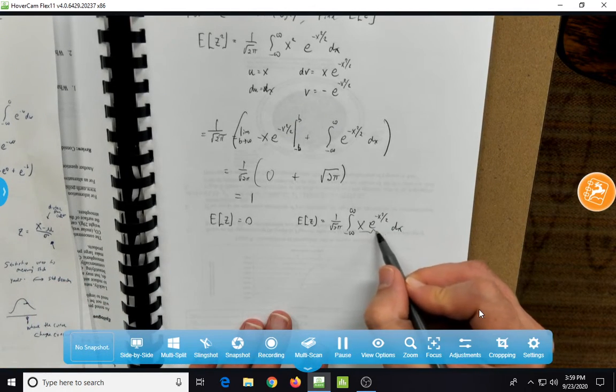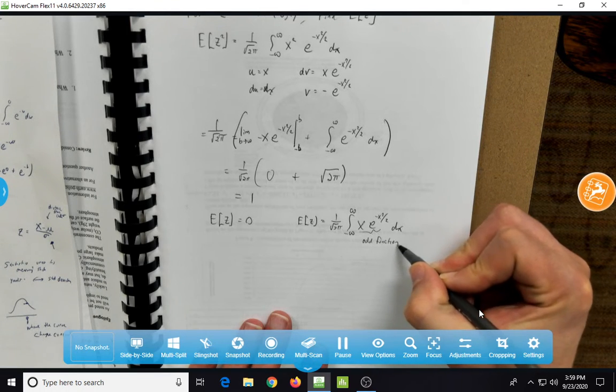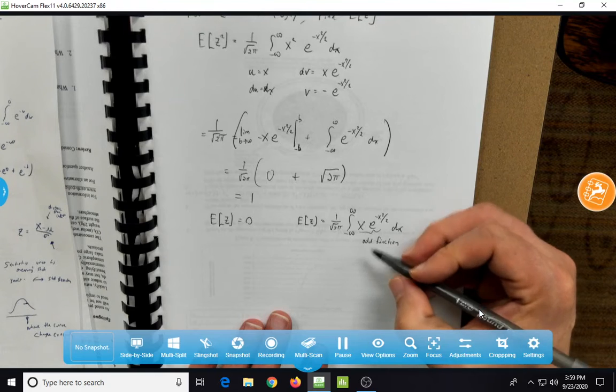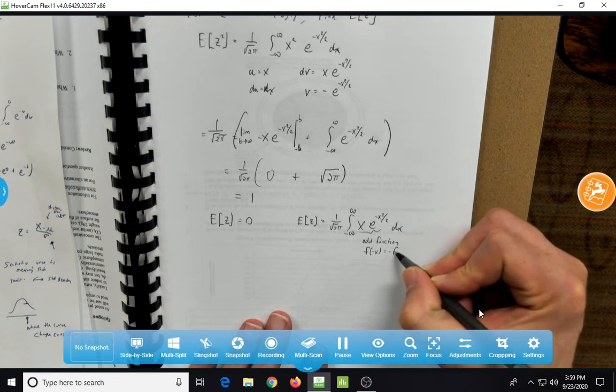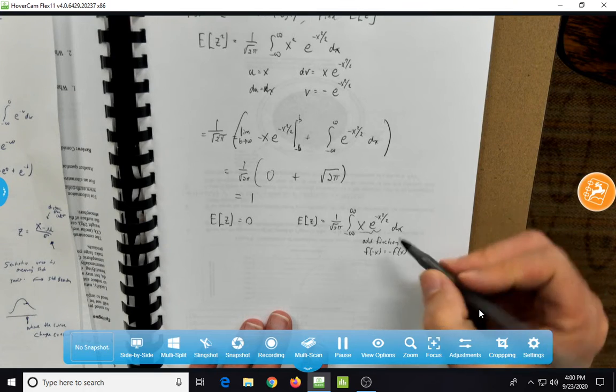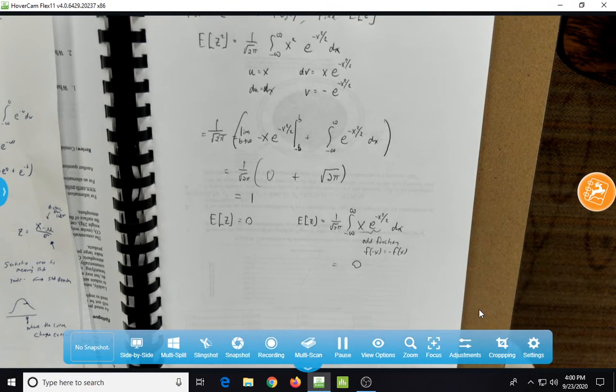This right here is an odd function. So what that means is, like sine of x and other things, f of the opposite of x is the opposite of f of x. And since it's symmetric on this part, you get 0.